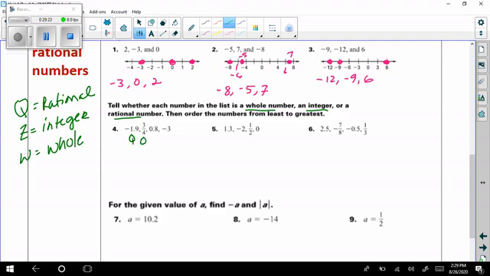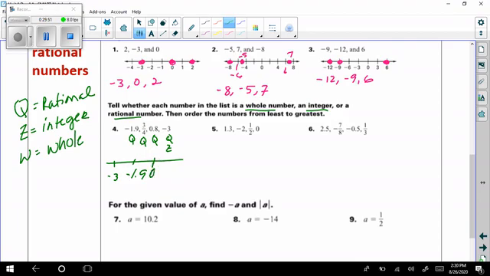And the next one's rational. The next one is a decimal, but it's rational. And the next one's going to be an integer. It's rational, but it's also an integer. And then I'm going to order them from least to greatest. So if it helps to put them on a number line, do so. I'm going to put here negative 3, my negative 1.9, 3/4, well, here would be my 0 in here somewhere, right?